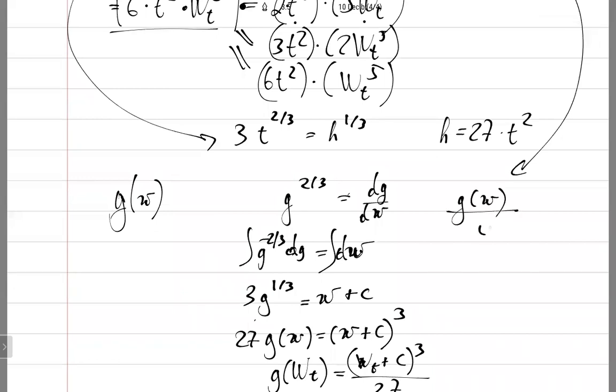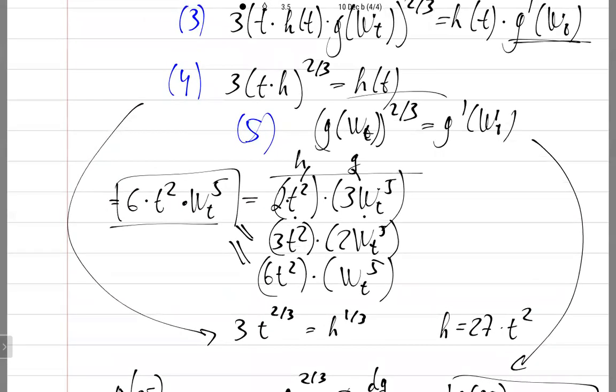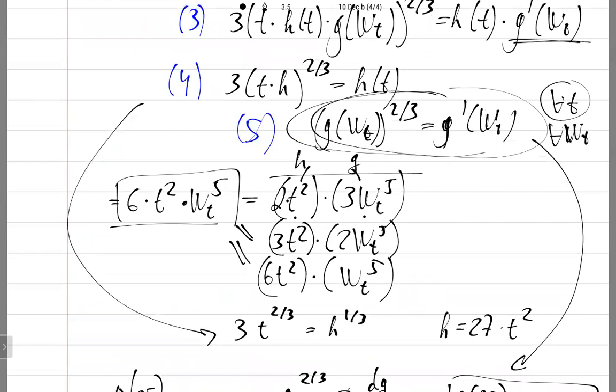This is a deterministic function because w is just a variable. Yes, but how are we allowed to do so? Because this should hold for every t. This should hold for every W_t. So g is a deterministic function by itself.